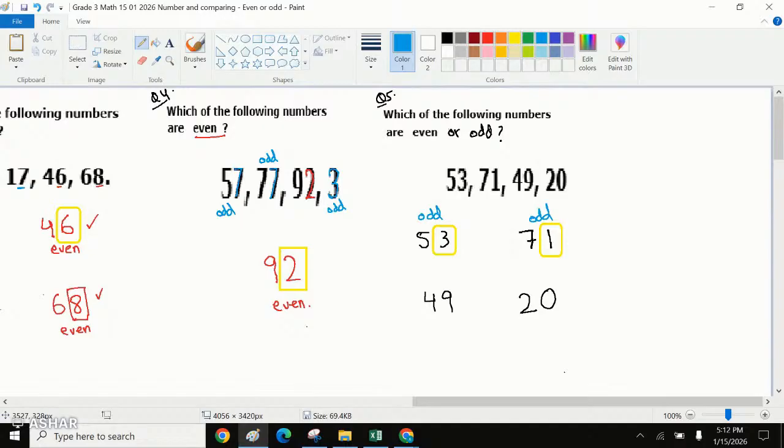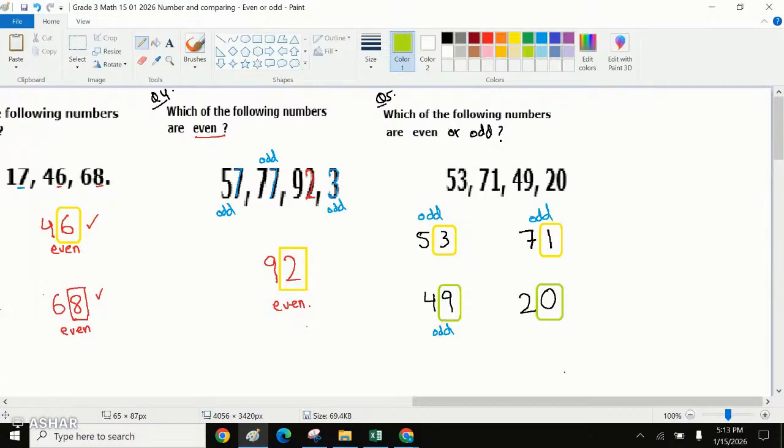What about 49? We can say the number 49 ends with a 9, and anything ending with a 9 is odd. And for the last option, 20. 20 is ending with a 0, and anything that ends with a 0 is even.